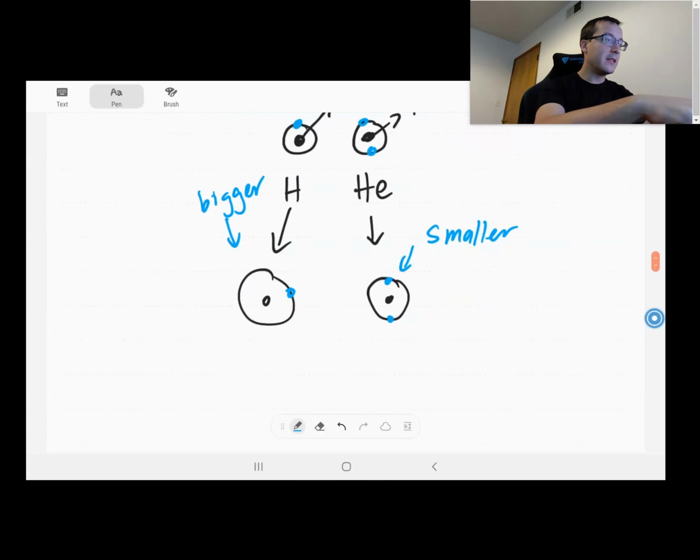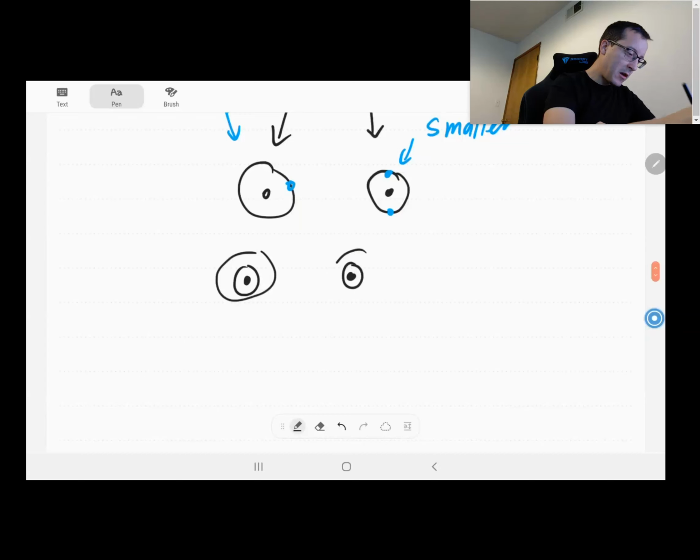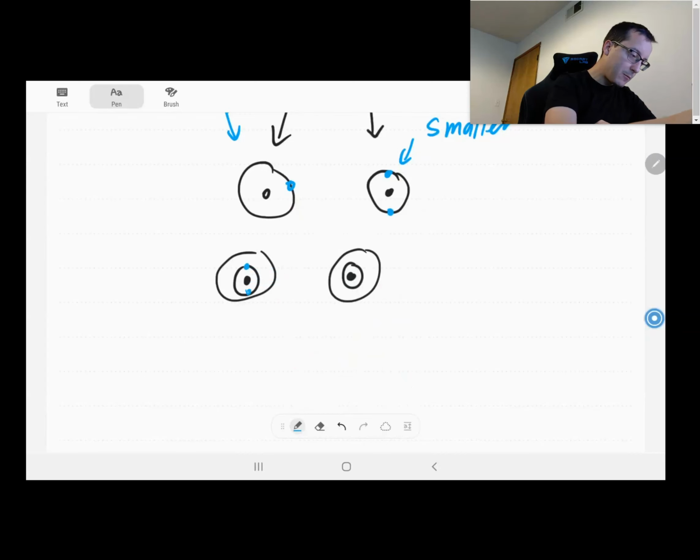Let's do oxygen and fluorine. And not neutrons, protons also. Neutrons don't have any charge.